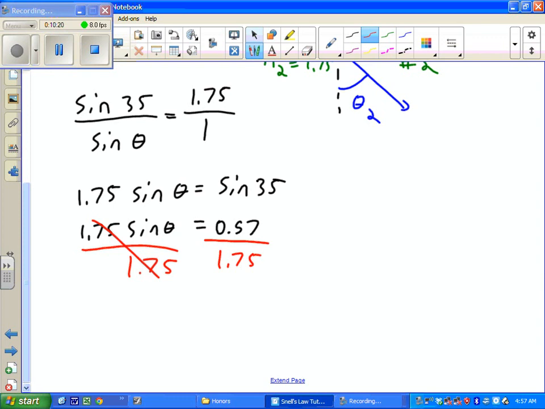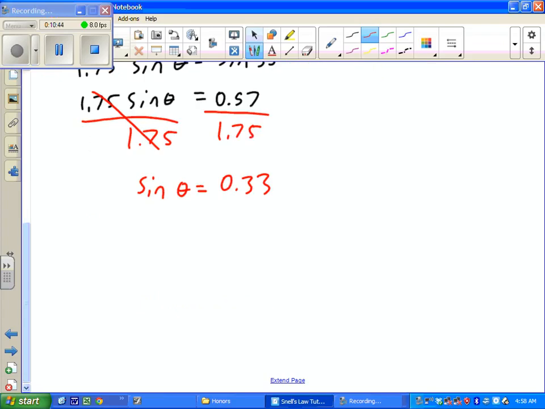And so sine theta equals 0.33. And then to find this, I'm going to kill the sines.